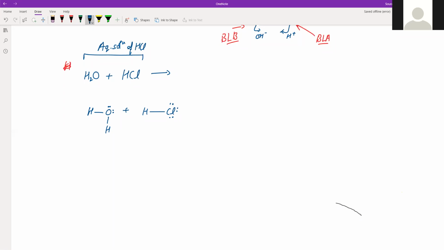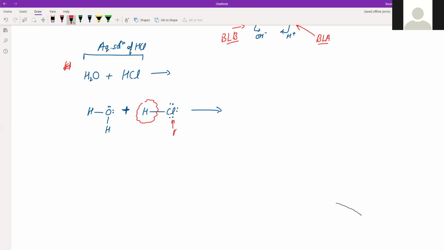Now, what happens here? When this aqueous solution is formed, this H, which is here, tries to break from here. It gives its electron to this chlorine. Now, why will H give its electron to Cl?